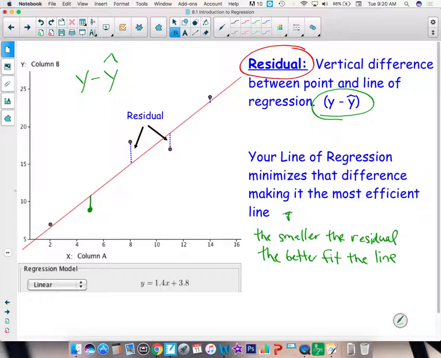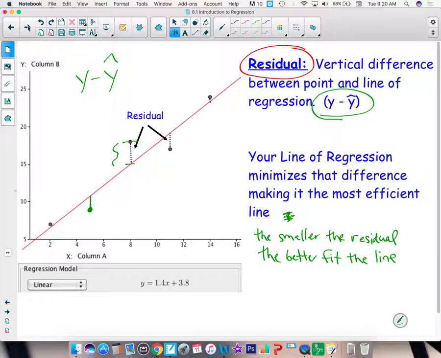So the smaller your residuals are, the better fit line you have. You just need to know that a residual is the vertical distance between your point and the line. We're going to calculate that here.